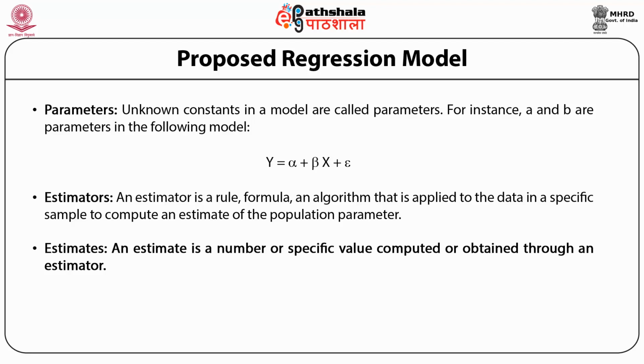And here it is interesting to see that it is only the error in this equation that makes this model a probabilistic model, because alpha plus beta x is the fixed component, and for any value of x we can easily predict the value of y with the full accuracy, full confidence. It is only the alpha term that is making this model a probabilistic model.